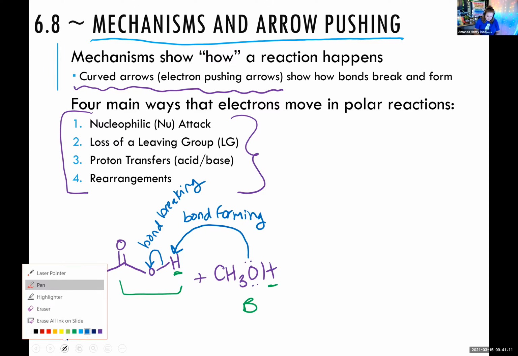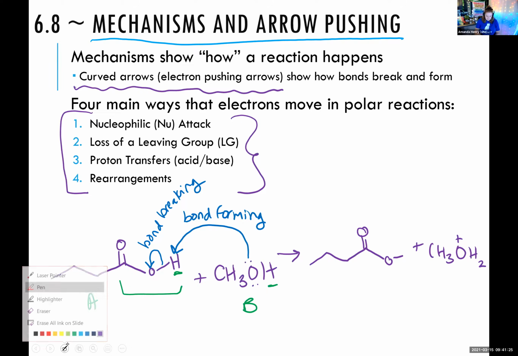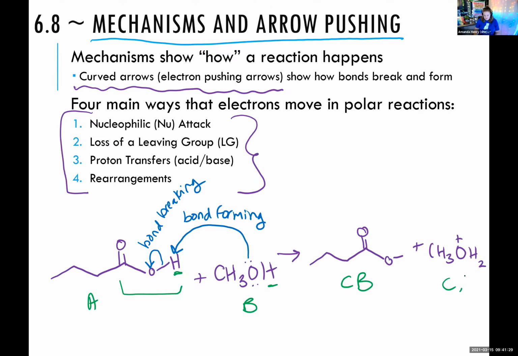And so what we get from this is that. So this would be the conjugate base, and this is the conjugate acid. We've removed our hydrogen from our acid, we've added a hydrogen to our base, and we've created our conjugate base and our conjugate acid.